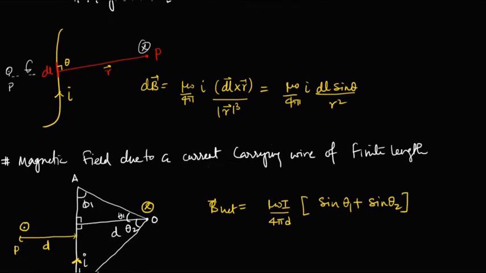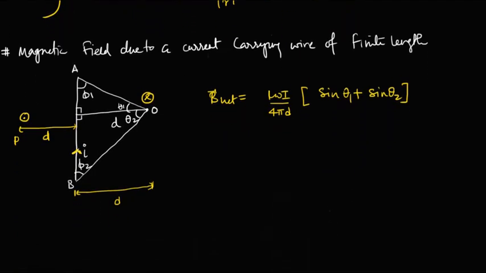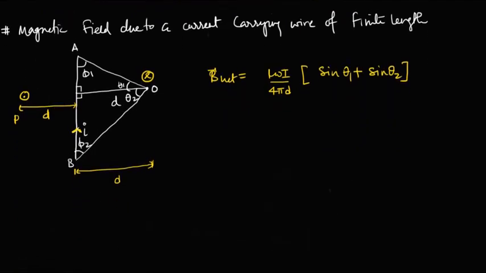So using this law, we can easily derive the magnetic field due to a current carrying wire of finite length. The wire is AB, and I have to calculate the magnetic field at a point O, that is at a perpendicular distance D from the wire. Let's say the end A is making angle theta 1 and end B is making angle theta 2.